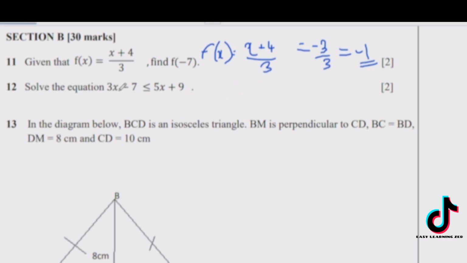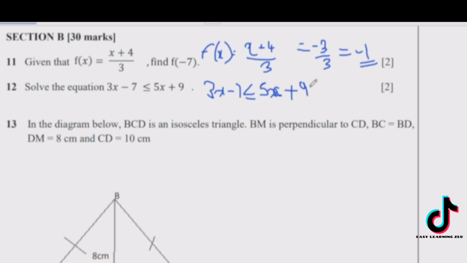So what I'm going to do is rewrite this question, which is 3x minus 7 is less than or equal to 5x plus 9.